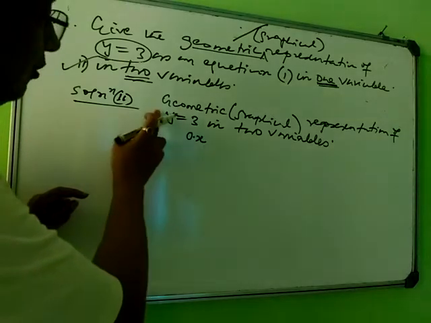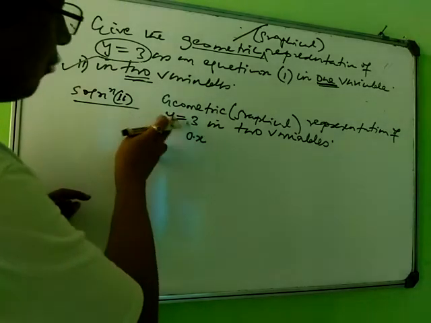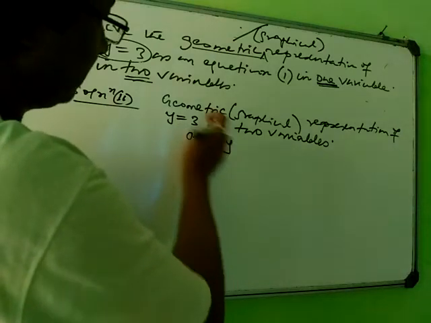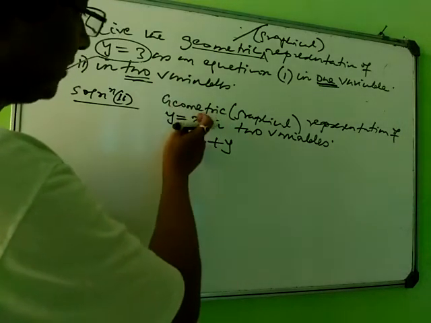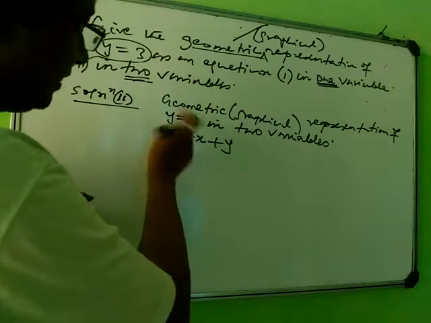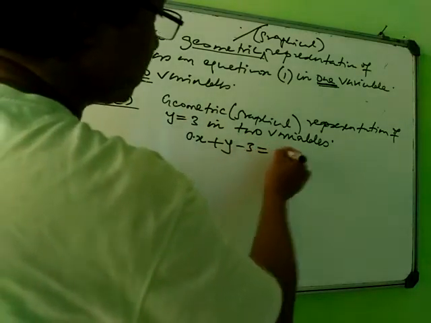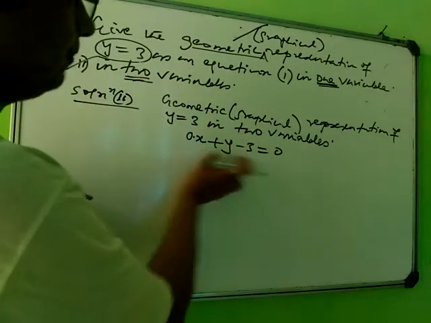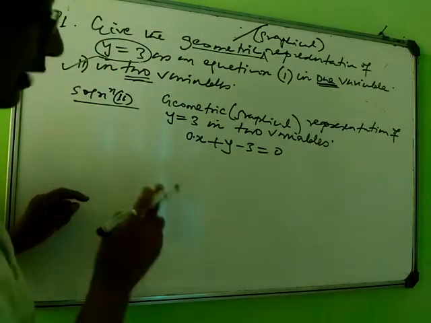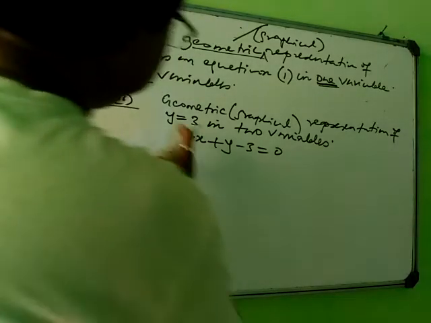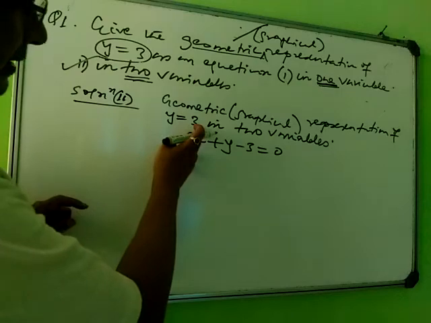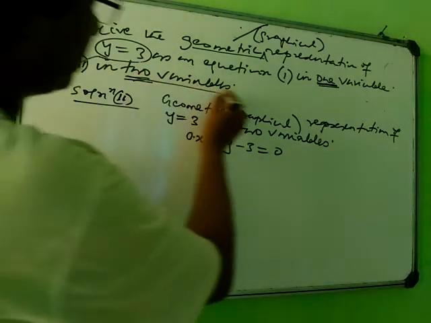That means there is no x. So plus y. Bring this 3 to the left side, so plus 3 becomes -3, equals 0. So this is in two variables. Now what you will do is, supposing y is 3, you are to do it in two variables.